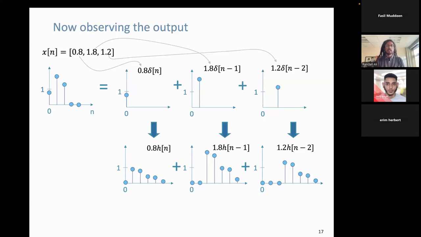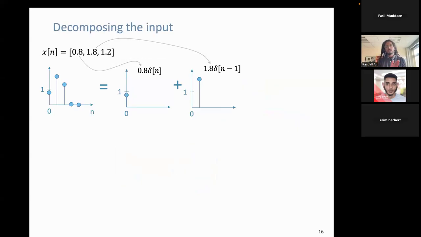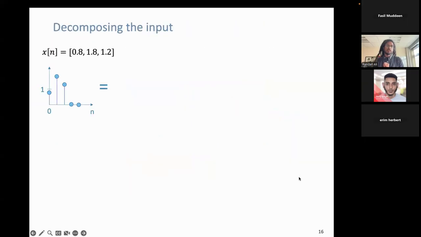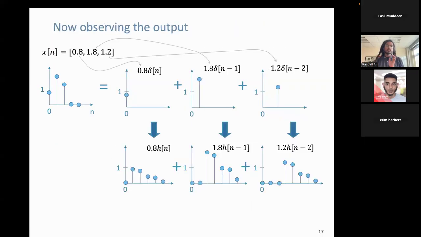Because remember, if I send an impulse to the system, I get an impulse response h of n. Because we have linear time invariant systems, I already know the output to delta n was h of n, but this is now just scaled, and that's the scaling factor. So I can simply multiply 0.8 by h of n.